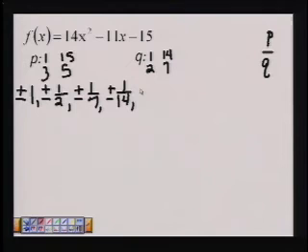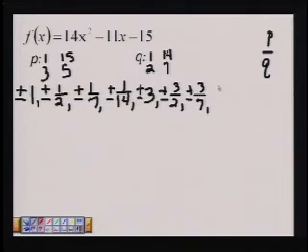Now we'll do the same thing with our 3. We'll have plus or minus 3 over 1 is just 3, then plus or minus 3 over 2, then plus or minus 3 over 7, and plus or minus 3 over 14.